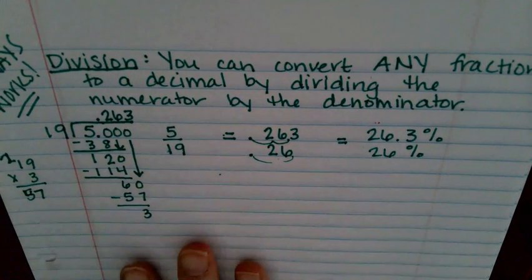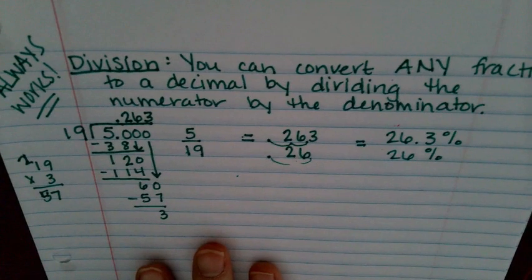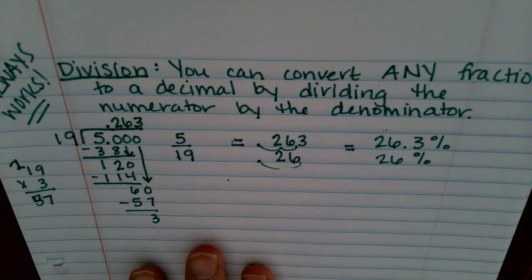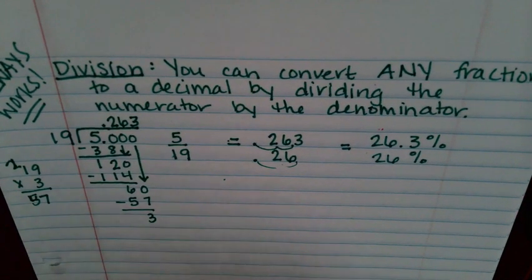Okay, so these are the ways that you can convert fractions to decimals and percents, okay? So what we're going to do now is create a table, and we're going to see what happens if I want to go from a decimal to a fraction.